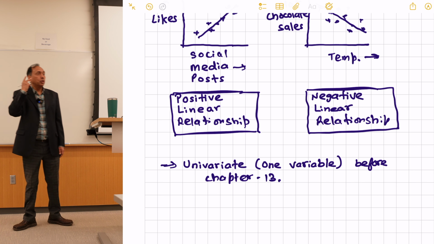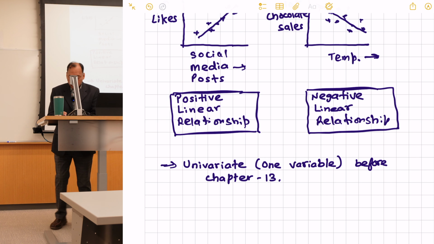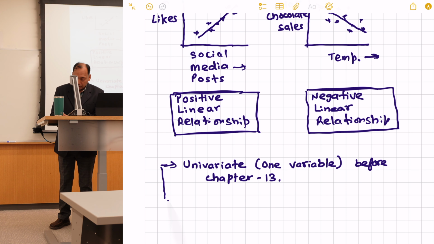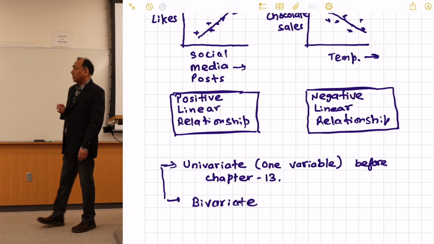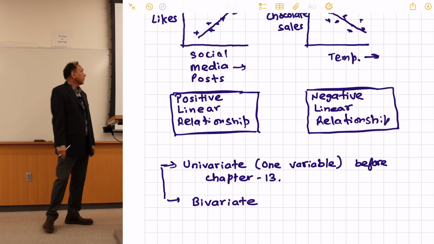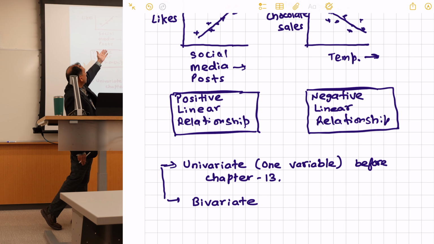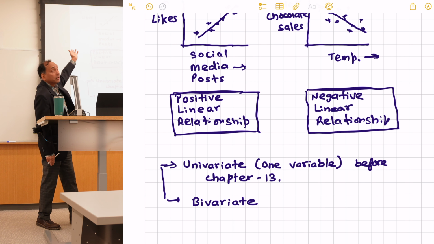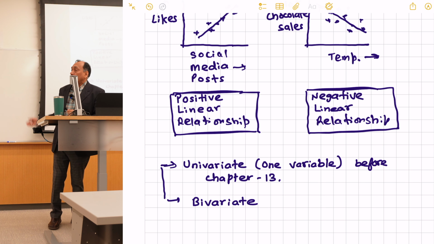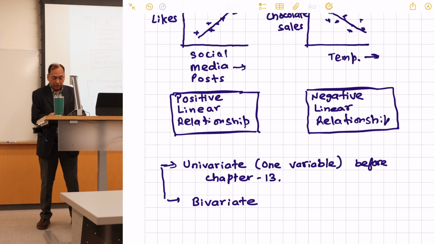Now we are talking about two variables. So that's what is called bivariate. Bi means two. So we are looking at situations where you have two data points, like temperature, chocolate sales. Social media posts, likes. So you are counting that. So you are getting two values.